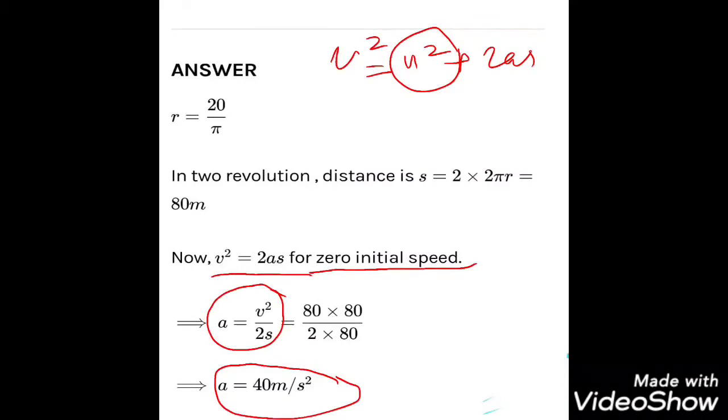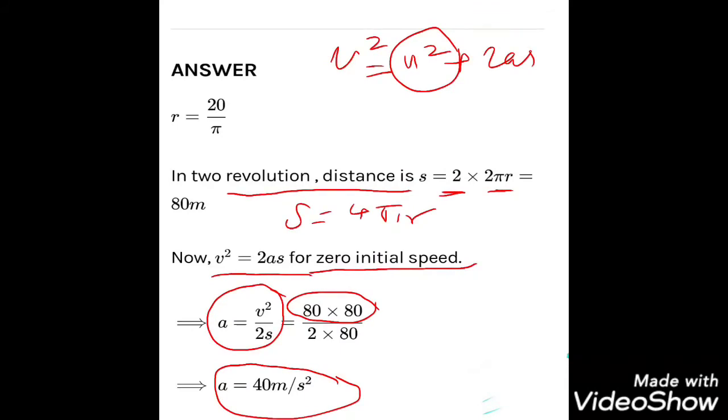What is the velocity given in the problem? 80 meter per second. So 80 into 80, and 2 into the distance traveled. In 1 revolution, for 1 complete circle, the distance is 2πr. For 2 revolutions, 2 into 2πr, that means 4πr is the total distance traveled.